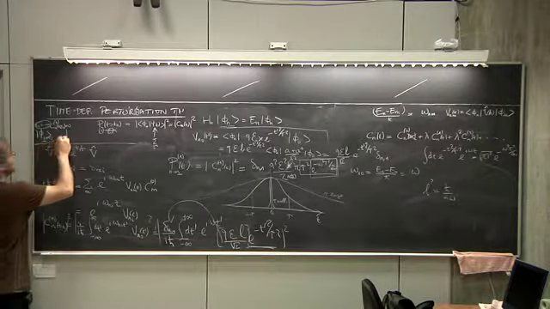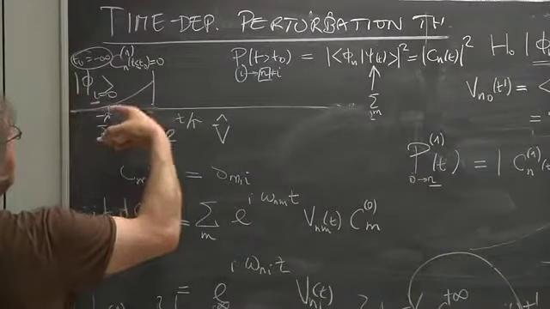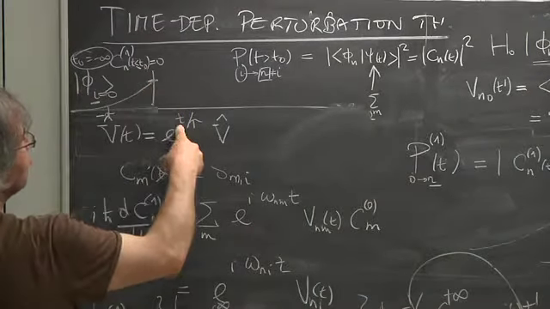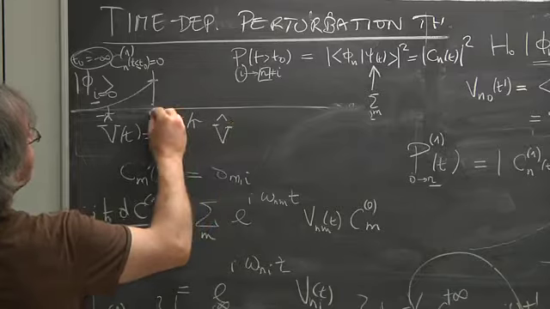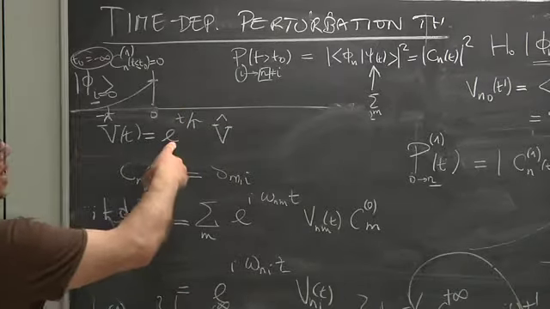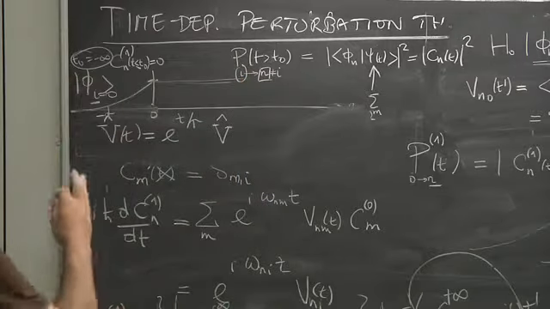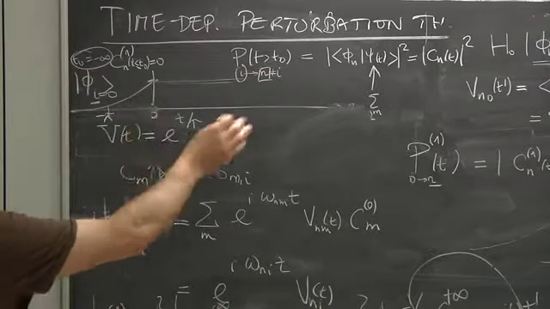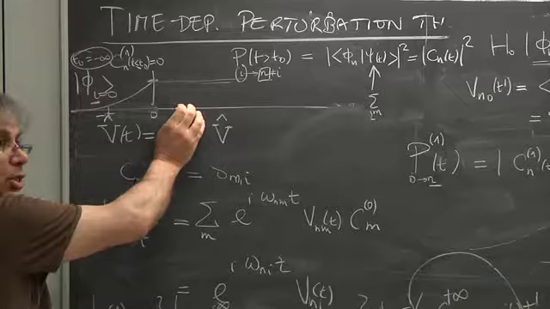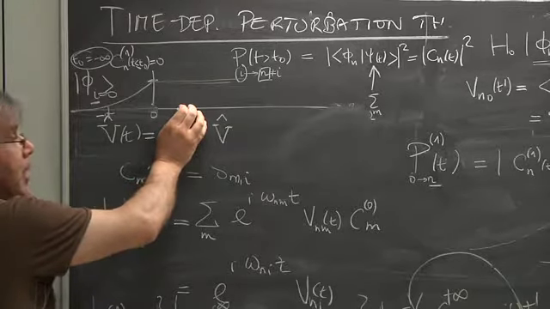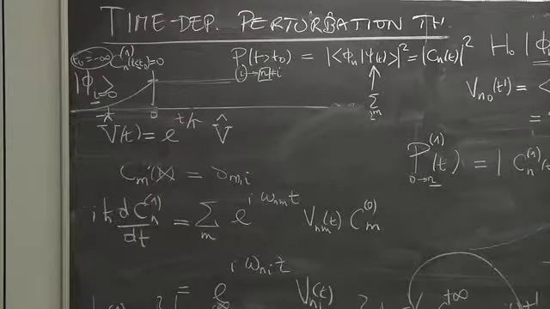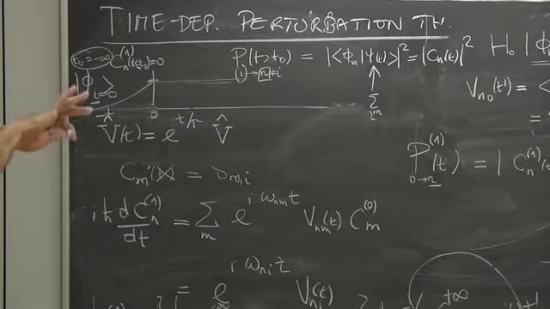So I switch it on very slowly in a time scale tau, and then it reaches its full value V only at time 0. Okay? And then stays constant. Okay? So from t positive, from 0 on, the perturbation is fixed in time, is V. But in the infinite past, it was starting from 0 and it was switched on adiabatically.